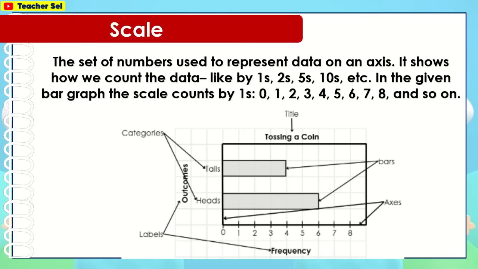Scale. The set of numbers used to represent data on an axis. It shows how we count the data, like by ones, twos, fives, tens, etc. In the given bar graph, the scale counts by ones: 0, 1, 2, 3, 4, 5, 6, 7, 8, and so on.